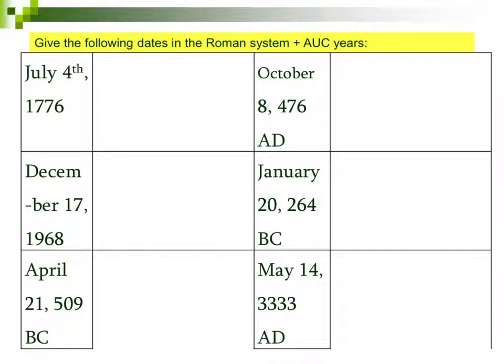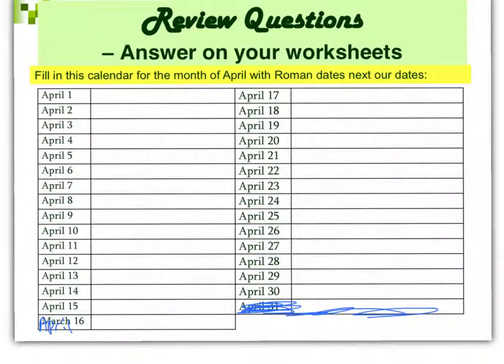Please push pause and convert the following dates that are in our system into the Roman system, and also use AUC years. Now fill in this calendar for the month of April with the Roman dates next to our dates. Push pause.